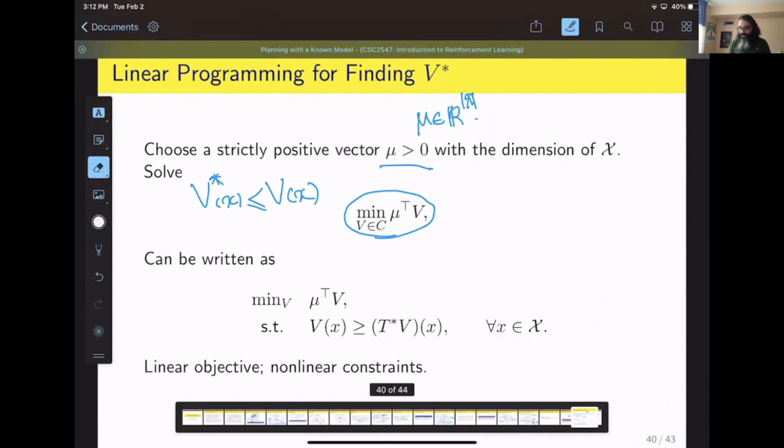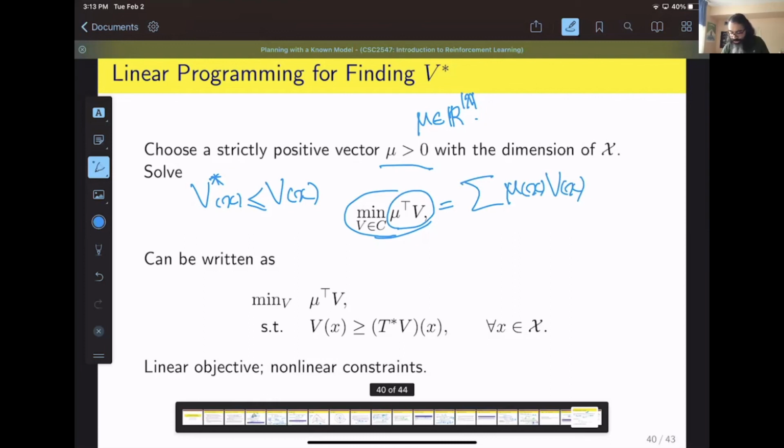Okay, essentially we want to find something that is smaller than any other one, and we can do it by finding a mu transpose v, the sum of all components of v, which is essentially writing the sum of mu x times v of x. If the sum of all of them is as small as possible, then what we want is going to be satisfied. And we can argue that this is true.